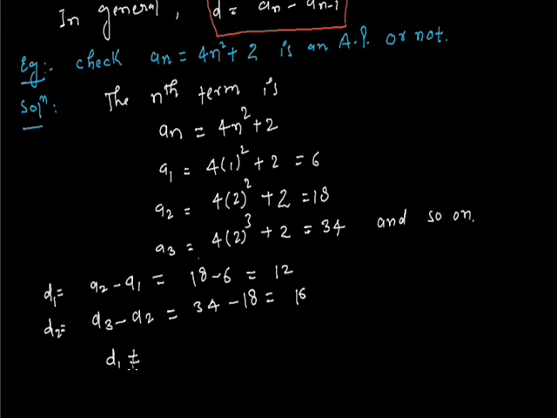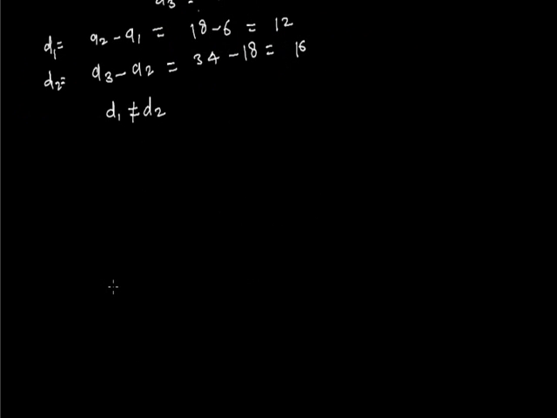Here we see that the common difference is not the same. If the common difference is not equal, then it is not an AP. So an equal to 4n square plus 2 is not an AP.